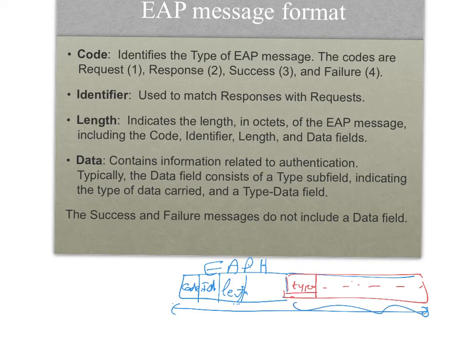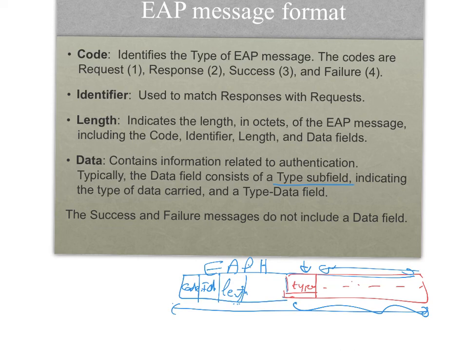The data part itself contains, as you see here, a type subfield, which indicates the method, which is IKE, TLS, whatever. So you have the type subfield and the actual data. This is the protocol data message for EAP to work with any method.